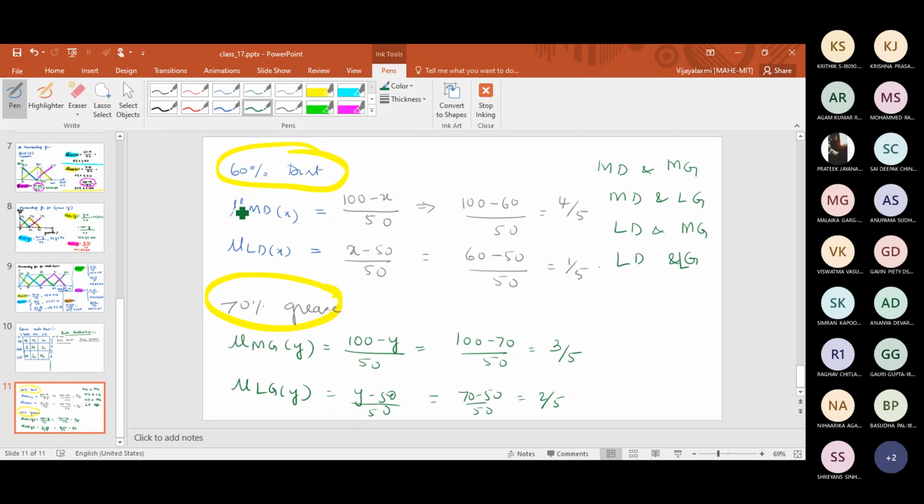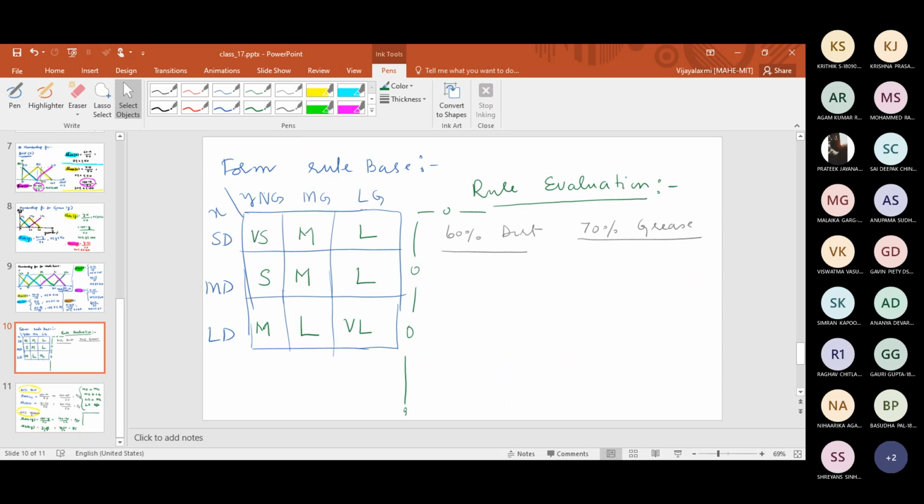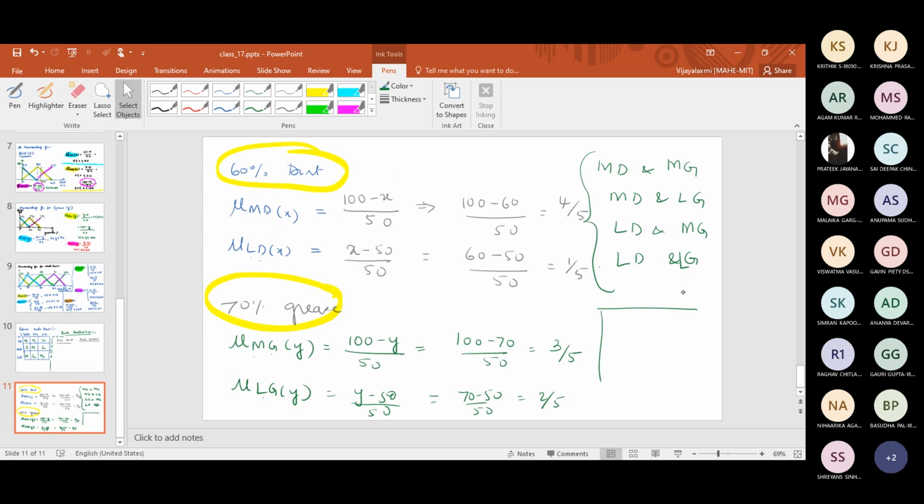So I can make 4 combinations with this, right? So what I will do is, for these 4 combinations, whatever table we had put, this one, I will substitute in this rule base.